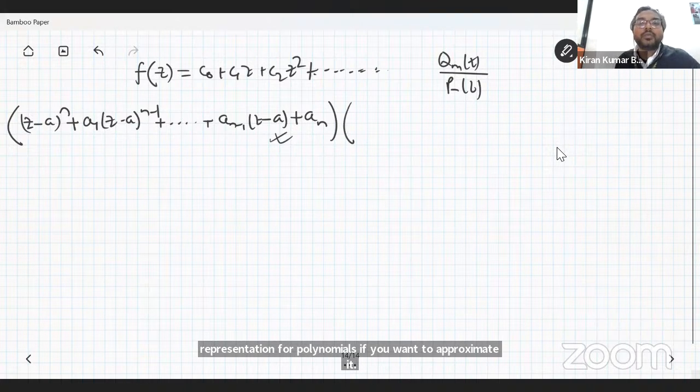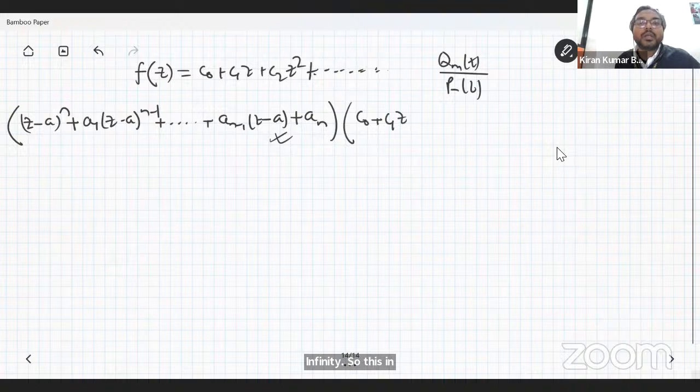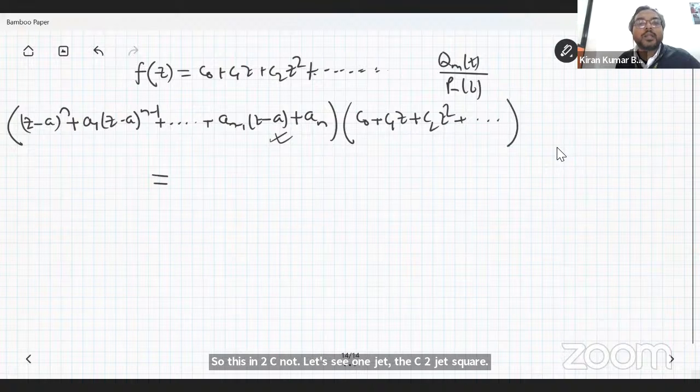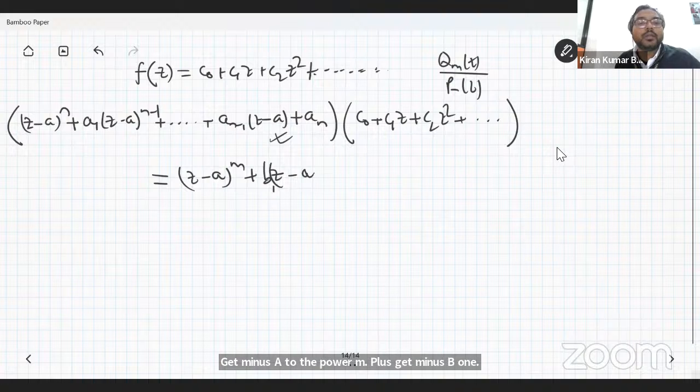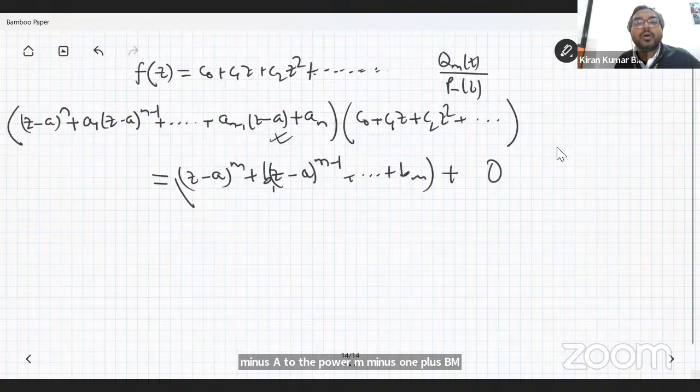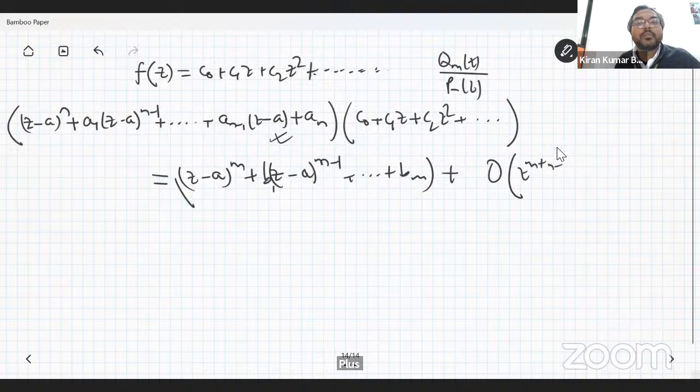So this multiplied into c_0 + c_1 z + c_2 z^2 up to this, I want it to be equal to Q_m(z). So Q_m(z) is again of this form: (z - a)^m + b_1 (z - a)^(m-1) + ... + b_m, plus order of z^(m+n+1).